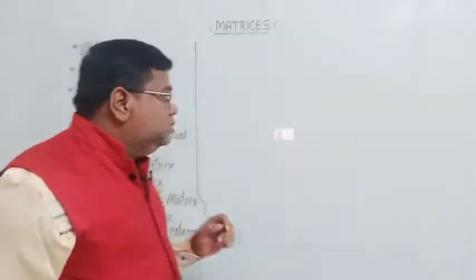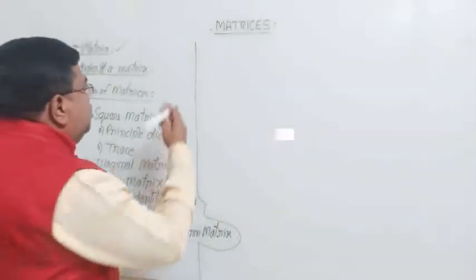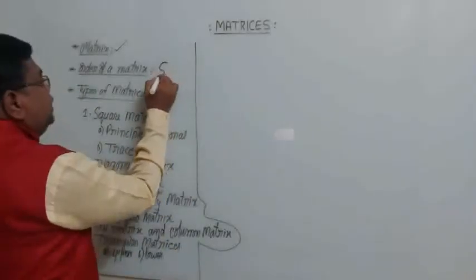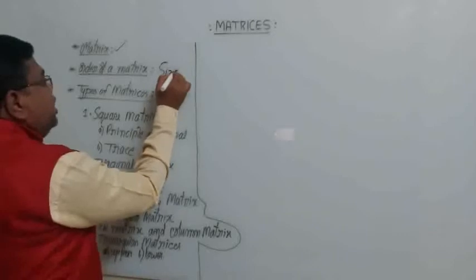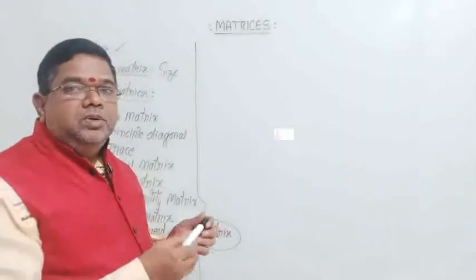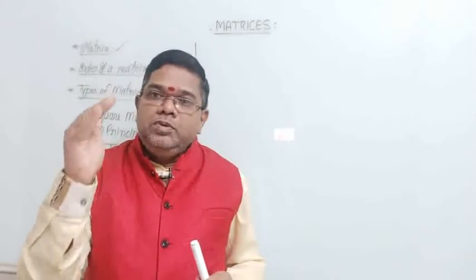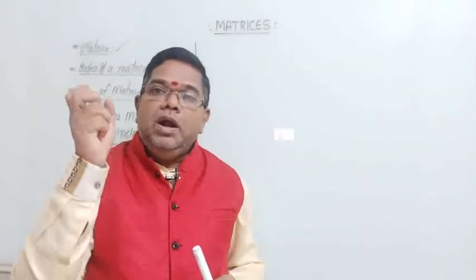Now see here, the order of a matrix. I already told you, order means indirectly the size of a matrix. How much size is it? The size is denoted by rows by columns. The number of rows by the number of columns gives the order of the matrix.